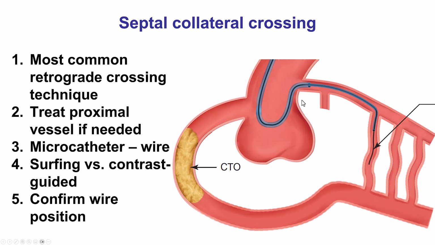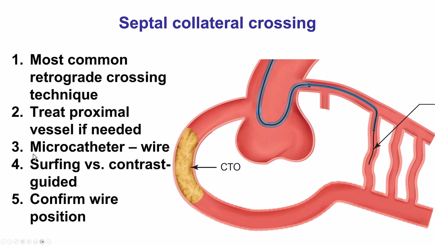If there is disease proximal to the takeoff of the septal, please treat it before going retrograde to minimize the risk of ischemia. When it comes to getting there, we usually use a workhorse and get the microcatheter inside the septal.